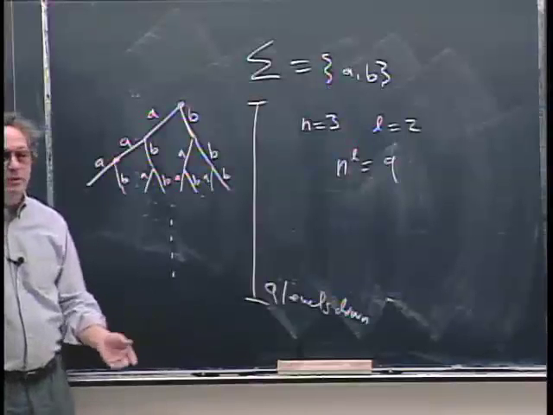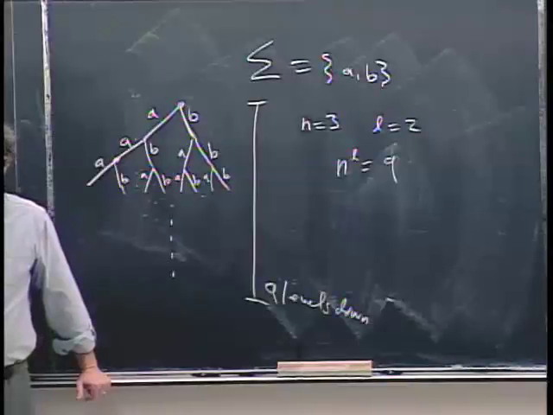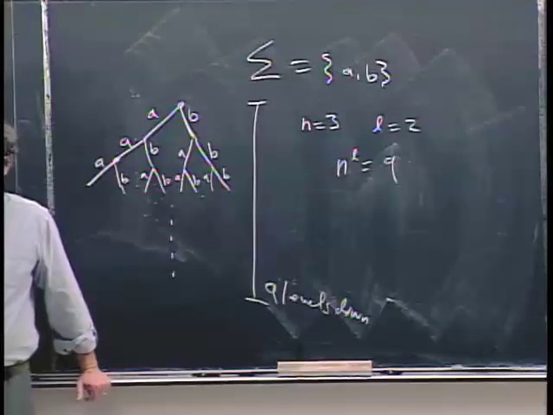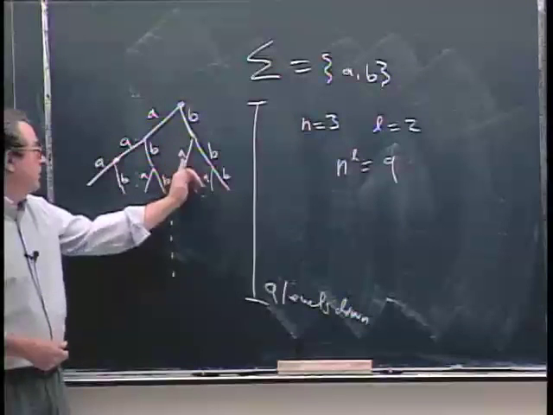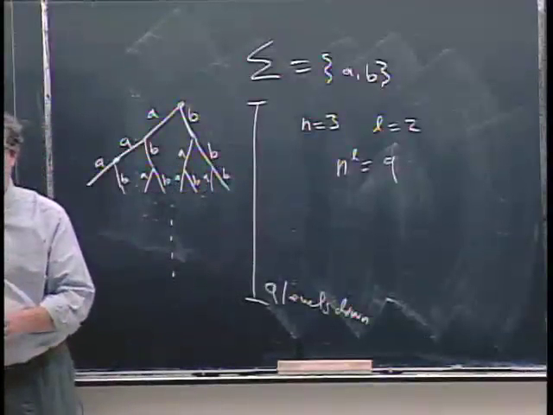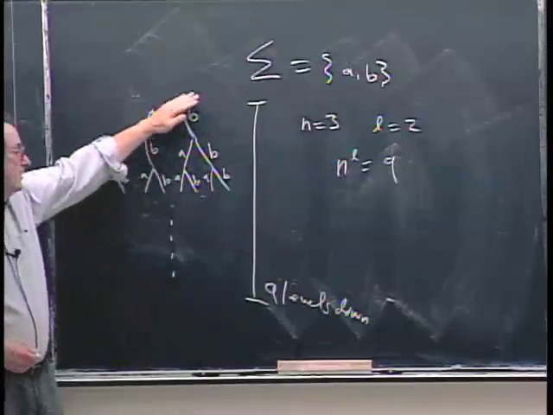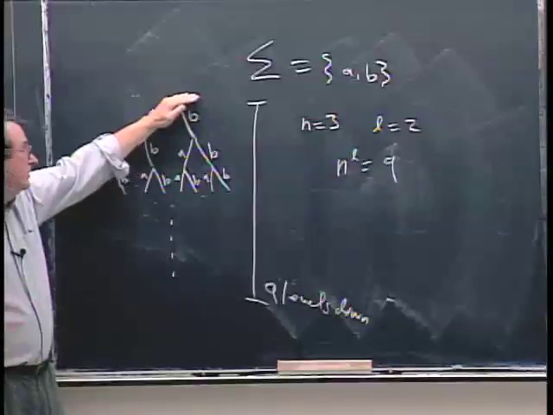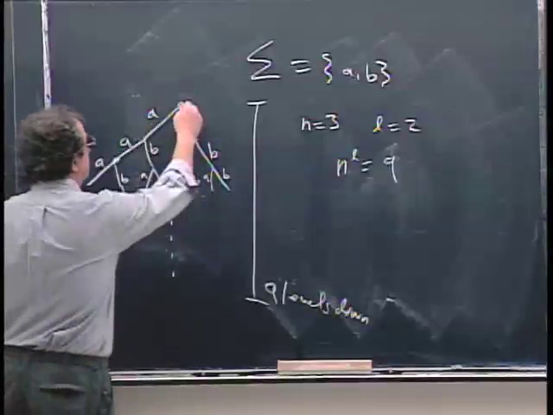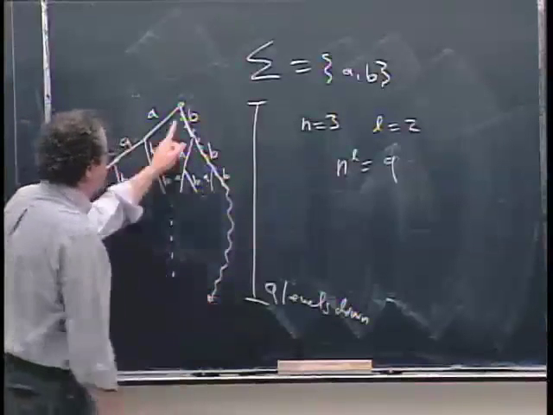You build in the transition rules so that the next character in the string, which is written out on some tape, could be either an A or a B. So we could build a non-deterministic Turing machine whose possible computations, each particular computation, would be one of these paths through this tree.